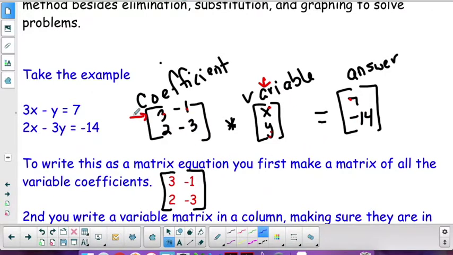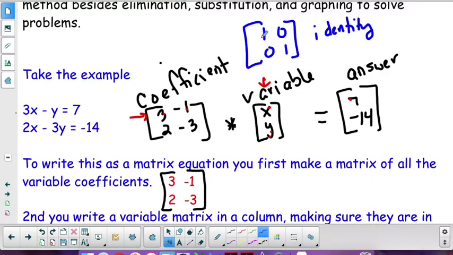Okay? So we find the inverse of our coefficient matrix, which is what you did in the last lesson, because something really neat happens if you multiply them. If you multiply a matrix times its inverse, you get this, which is what we call the identity for multiplication matrix.